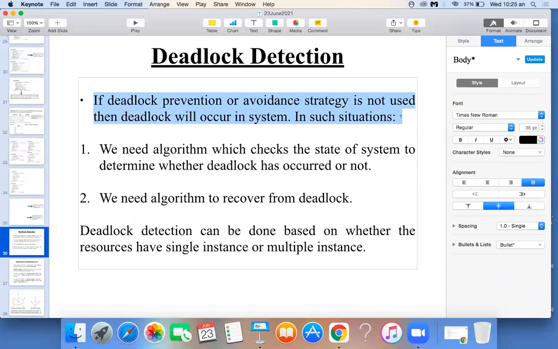Resource allocation is for prevention, correct? Similarly, Banker's algorithm is for avoidance. If we are not using these two algorithms, then it is sure that our system will enter deadlock. Now we have to detect whether deadlock has occurred or not, if we are not using any of these strategies. That's what is written in the first point: if deadlock prevention or avoidance is not used, then deadlock will occur in our system.